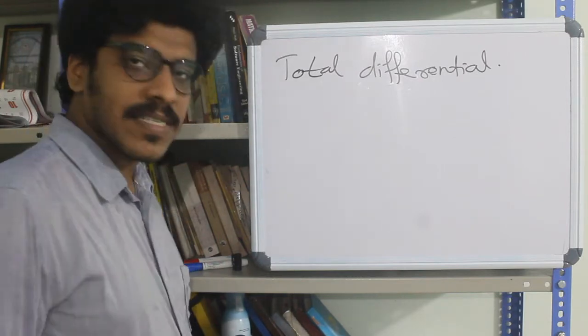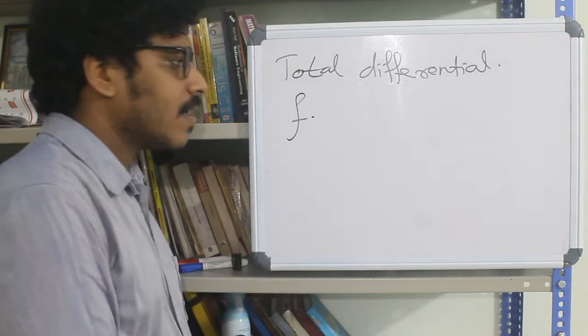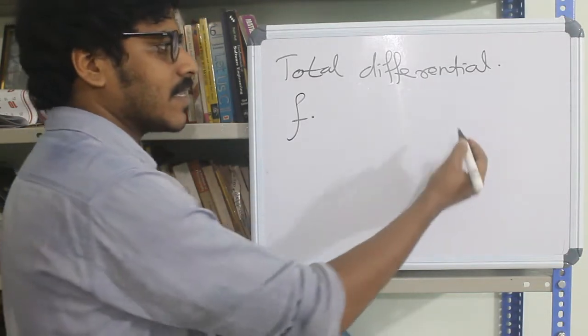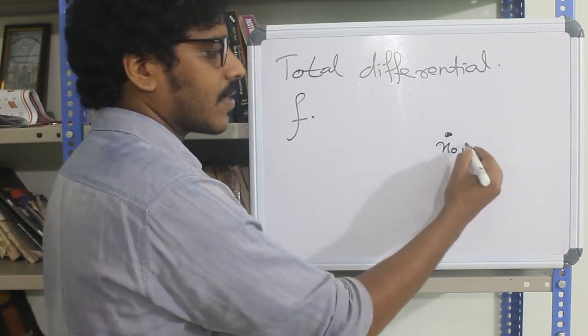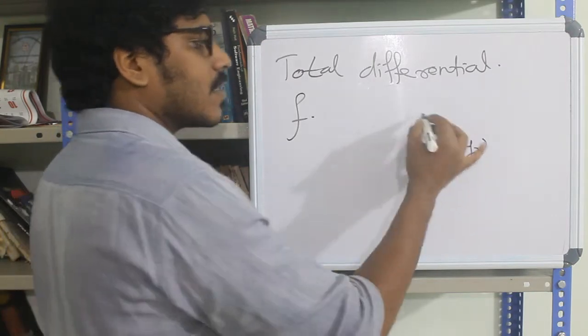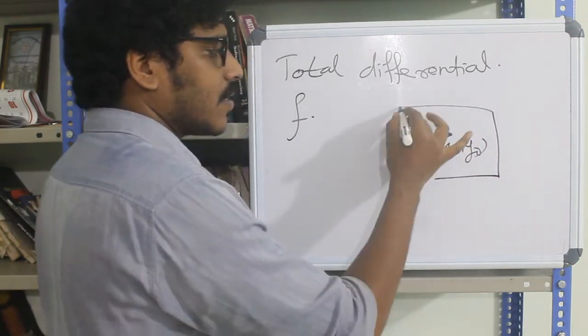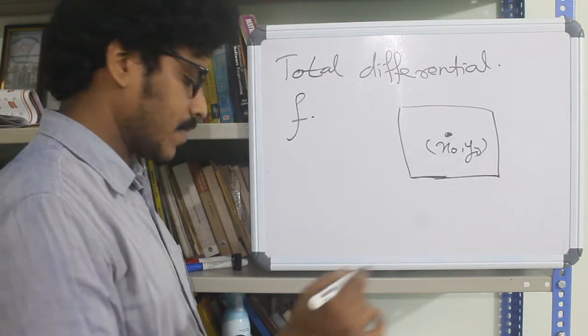So consider a function f which is differentiable in a region containing a point x0, y0. So consider a rectangle around x0, y0. Right.